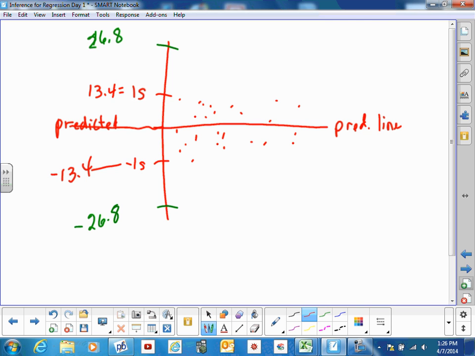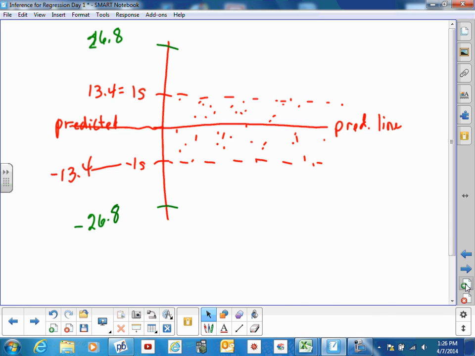68% of all of the observations are found in this section here. 68% of all of the actual points are within one of those standard deviations away from predicted. And then what happens here?